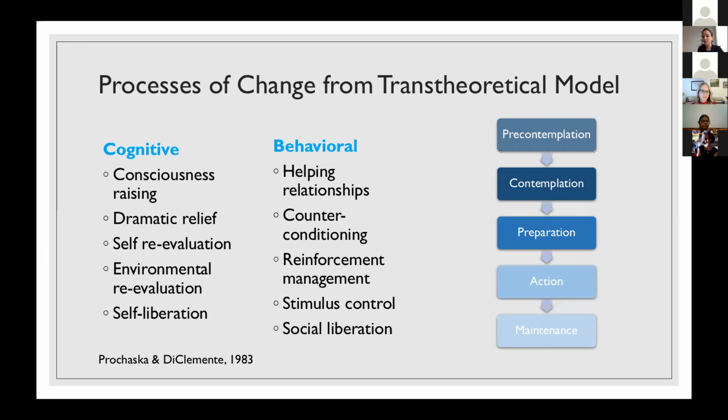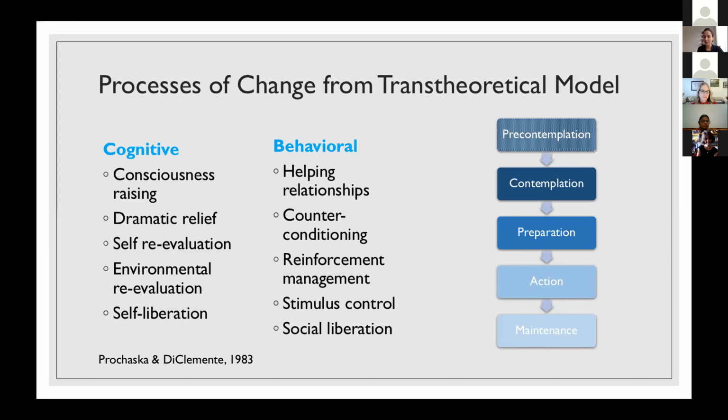The other theoretical model that I thought was really interesting that stood out to me when I was reading the paper about Jana Sanskriti was the Transtheoretical Model. If you look on the right here, there are the 5 stages of change that individuals undergo, from pre-contemplation, which is when they're not even thinking about making any change in their behavior, to action and maintenance, when they've changed their behavior and they're sustaining that behavior change.